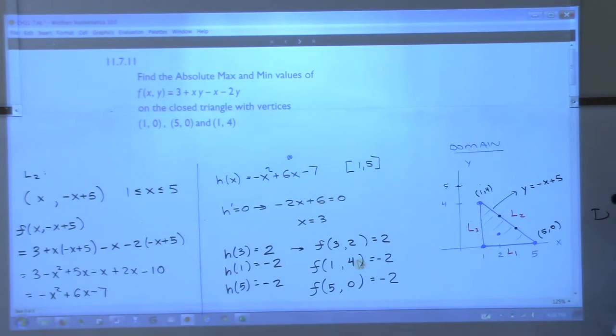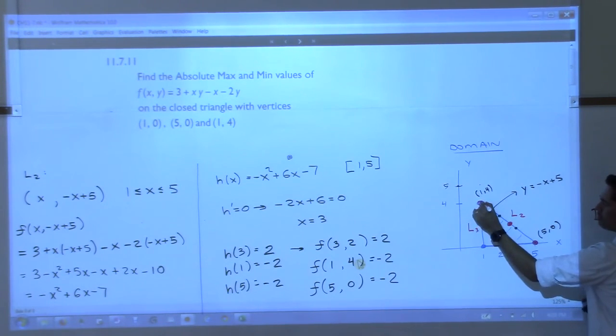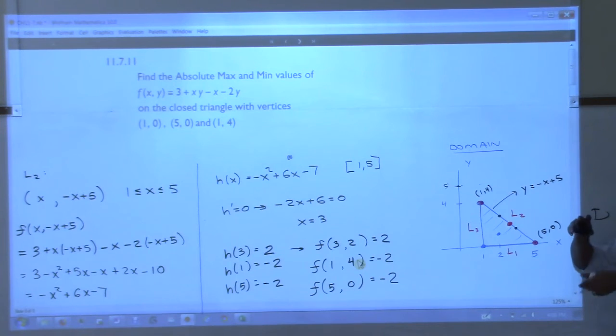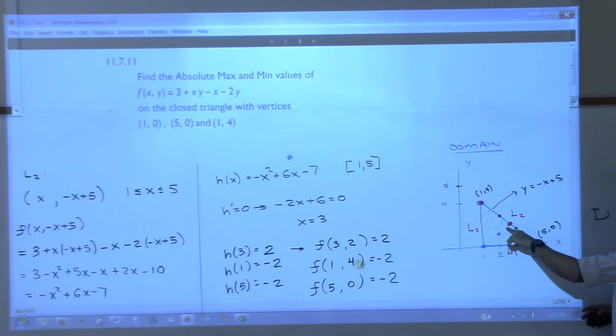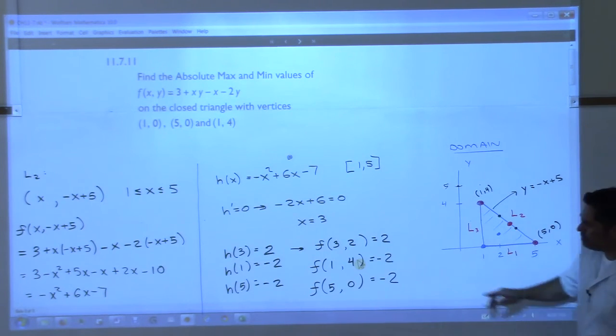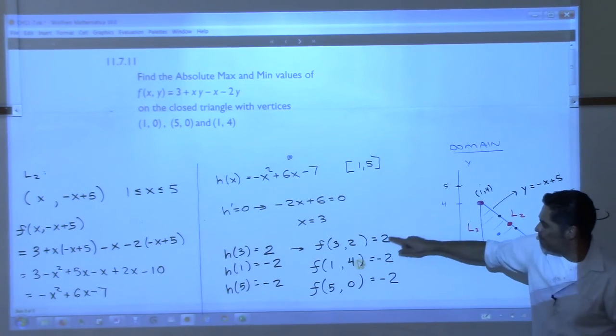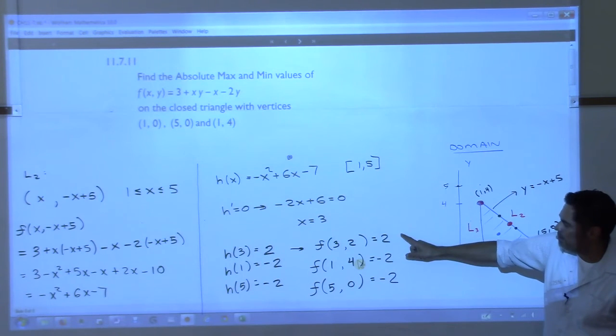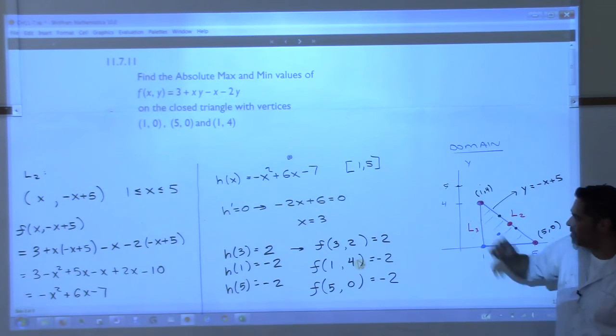So 1, 2, 3, 2 was about right here. There was something interesting happening there. At 5, 0, which is here, that was one of the endpoints, and then 1, 4, which was this one. Remember how I tilted it over and we could see the parabola? We found that top peak of the parabola right there, and that corresponds to this one. But that might turn out to be a max. We'll see. We have to keep going.